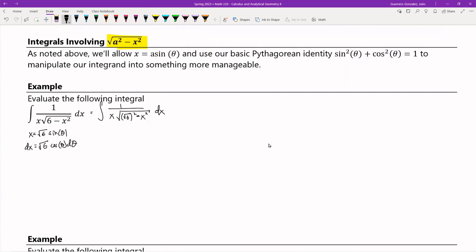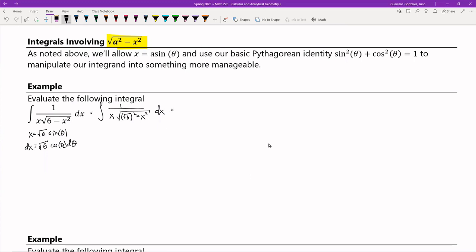Now at this point, it's going to be a lot of substitution and algebraic and trigonometric manipulation to simplify this down to something much nicer. Like I said, keep track of everything.